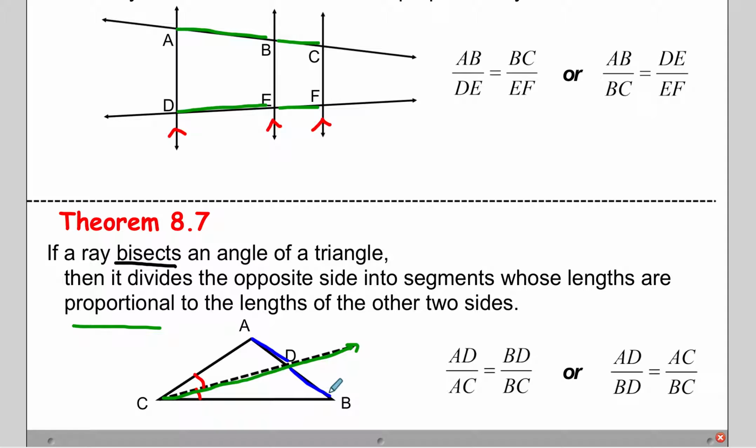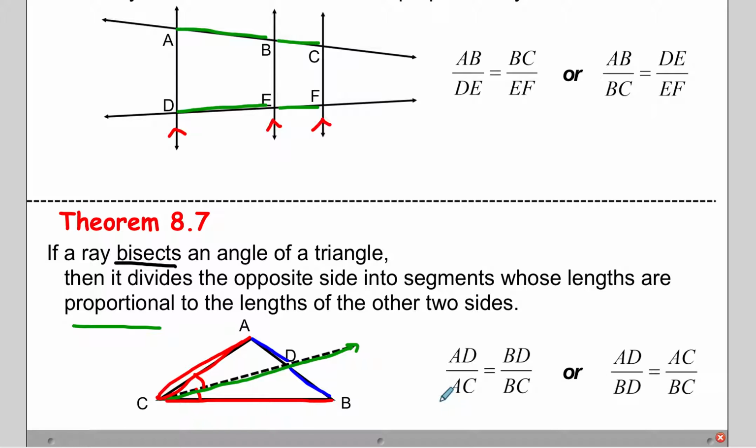And what this theorem says is that this ray divides the opposite side into segments whose lengths are proportional to the lengths of the other two sides of the triangle. So this side AD is going to be proportional to this entire side over here, AC, at the same rate that this side DB is proportional to BC.